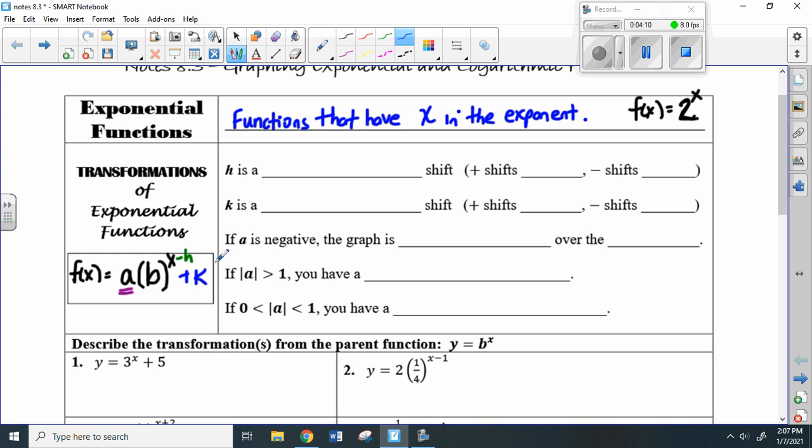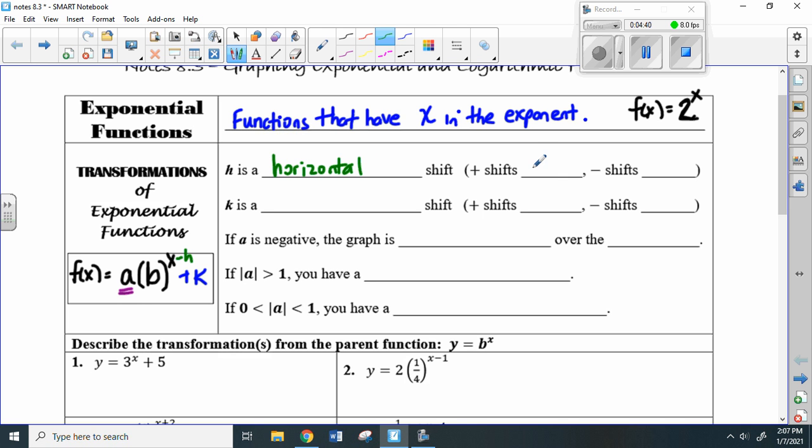We have worked with a's and h's and k's before, so this should be a quick review. Look where h is. It's in the exponent with the x. It's grouped with the x. Remember, if the adding or subtracting is directly next to the x, that's going to be your horizontal shift, your right and left shift.